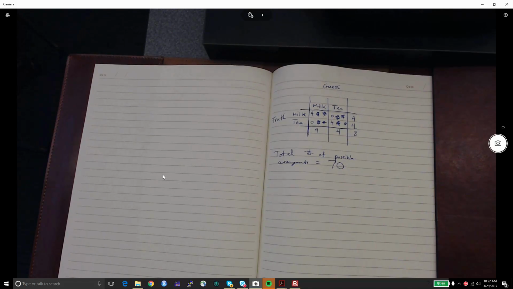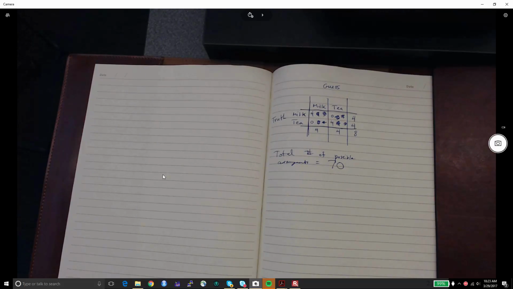Now, back to the question of how do you calculate a p-value. If there are 70 possible arrangements of the internal cells, and we've said that we have one arrangement, which is this 4, 0, 0, 4, this perfect result, which is the most extreme result, then what would be one way of calculating a p-value?